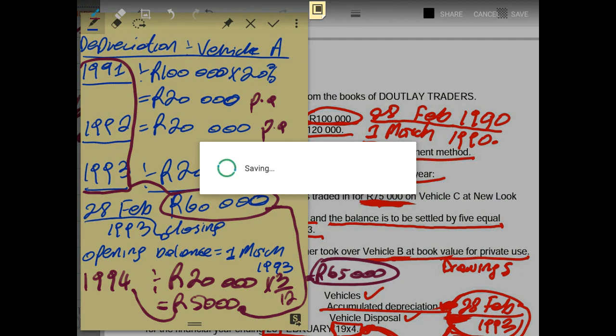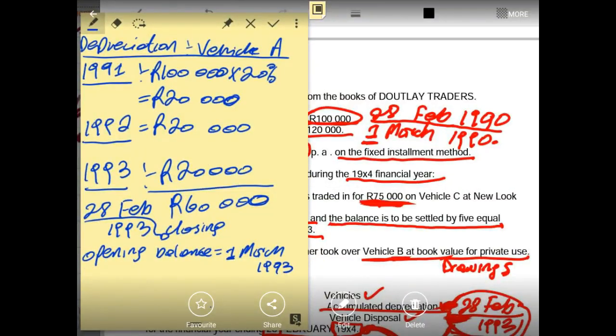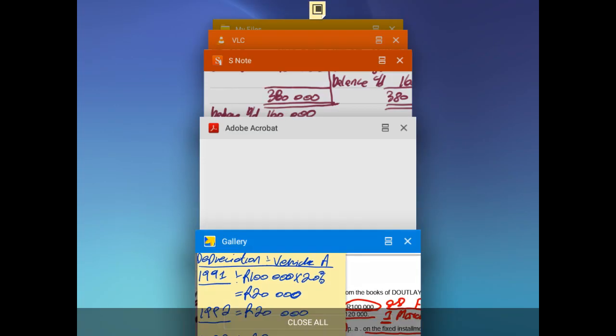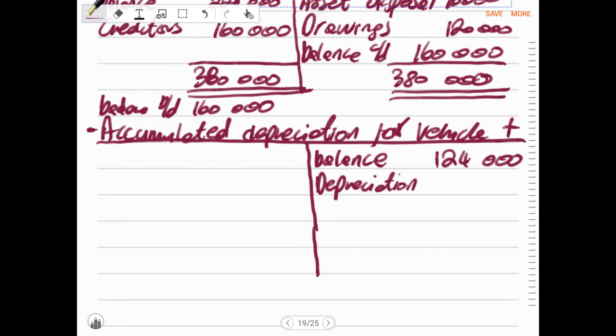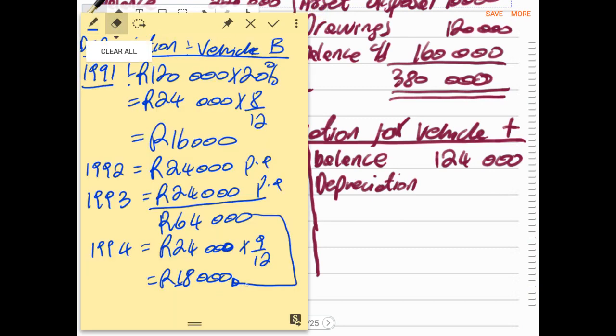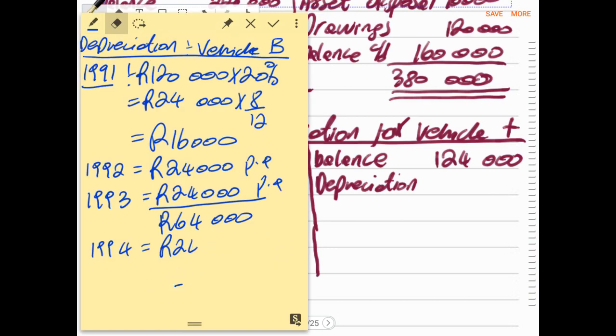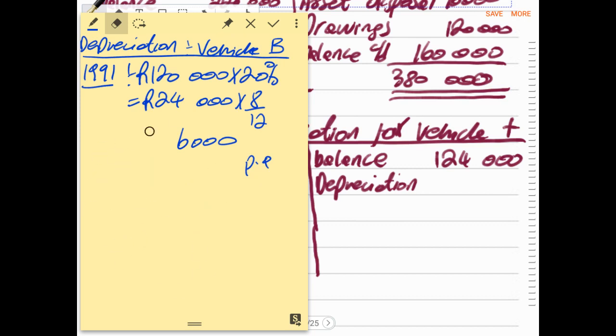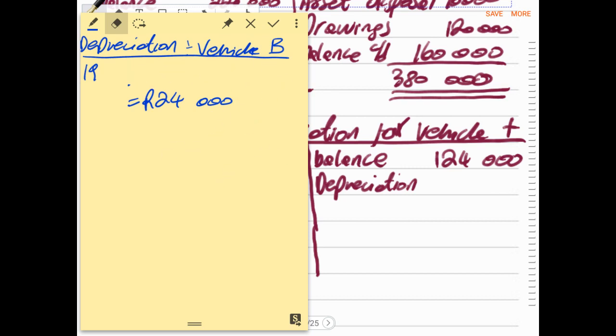Therefore, now let us do depreciation for motor vehicle C, so that we know that we are done with the depreciation for the current year. Remember, the cost of vehicle C is an amount of 160,000 rands, and it was acquired in the 1994 accounting period.